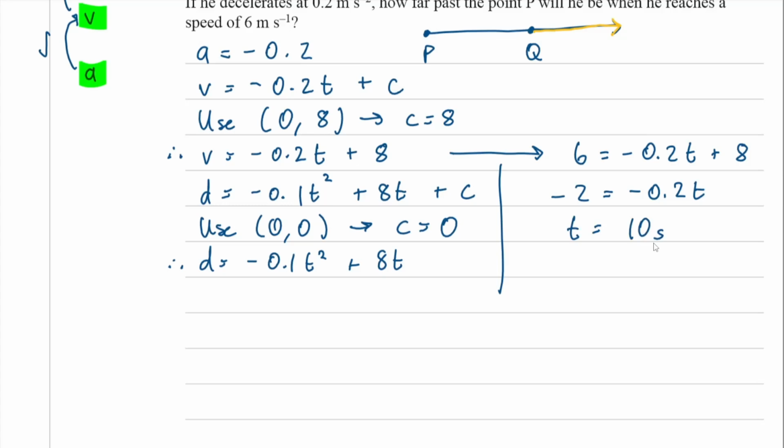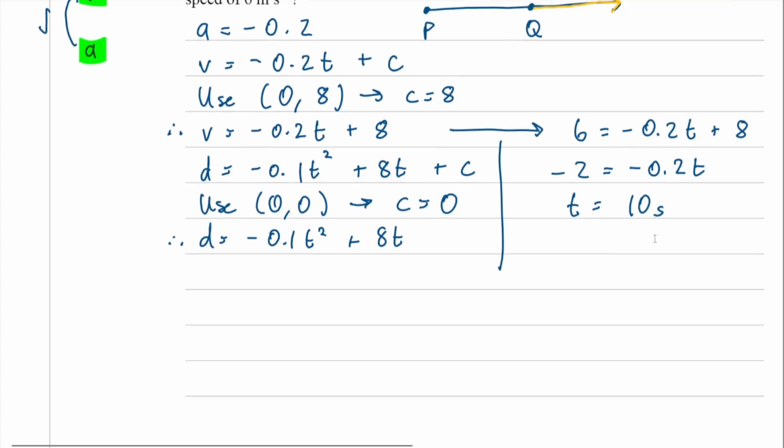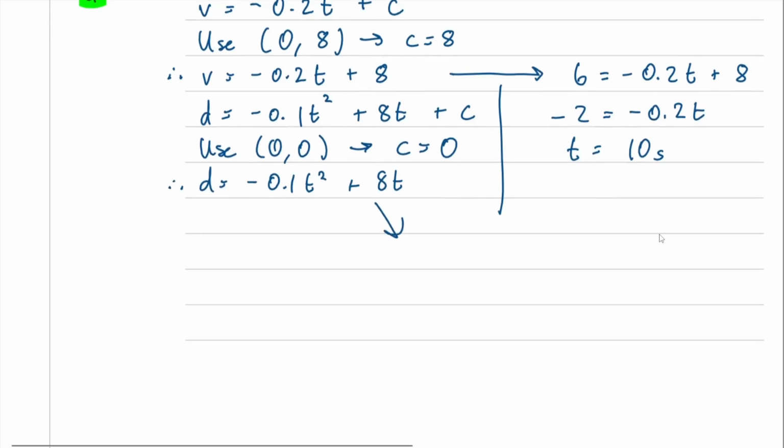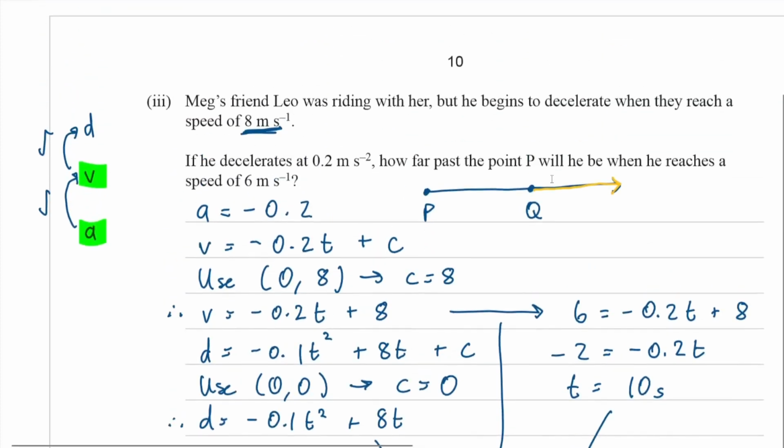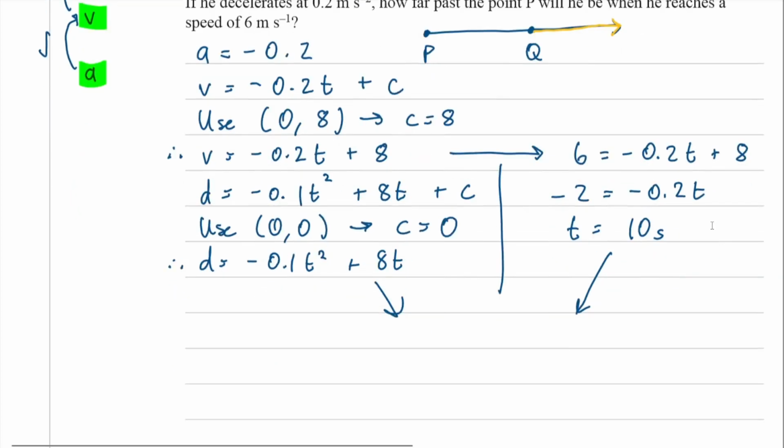So at 10 seconds, Leo is traveling 6 meters per second from point Q. So let's combine these two to find the distance from point Q that Leo has travelled. So negative 0.1 times 10 squared plus 8 times 10.